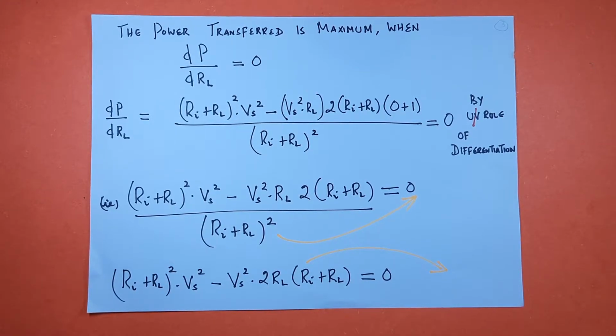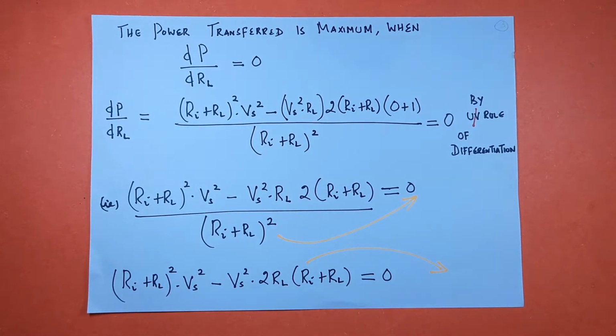You will get Vs square, because differentiating RL with respect to RL gives 1. Minus, so the actual rule is V dU minus U dV divided by V square. So minus, U we keep as it is, Vs square into RL, and we differentiate the denominator term, that is Ri plus RL whole square.